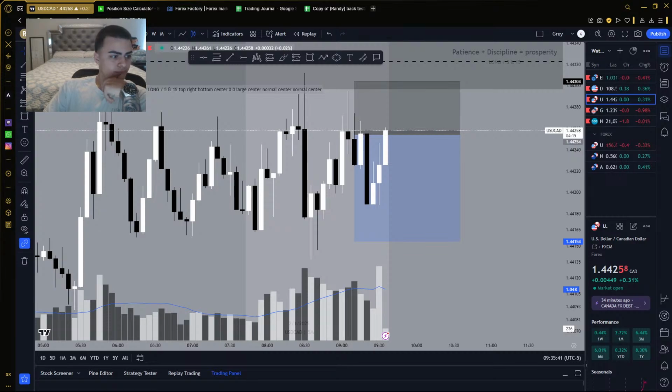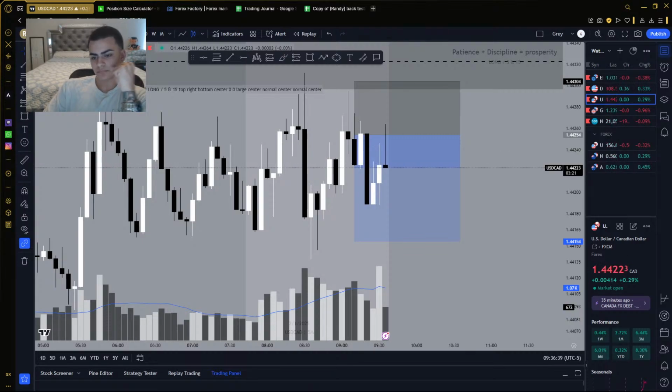That's not really good. There's a lot of volume on that buy. So I guess it just wanted to go up and grab that liquidity once again.